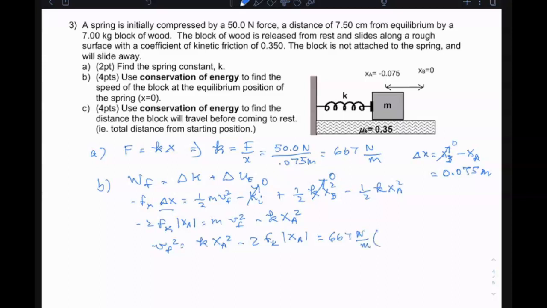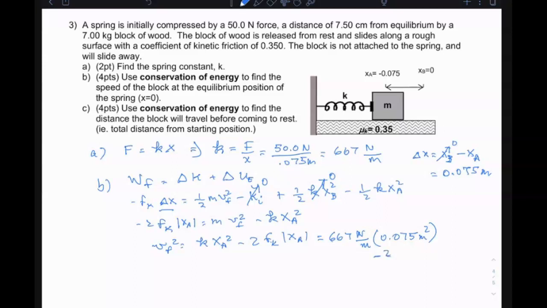Xa is 0.075 meters. We're going to square that. And then we're going to subtract from this the 2 times the friction force.